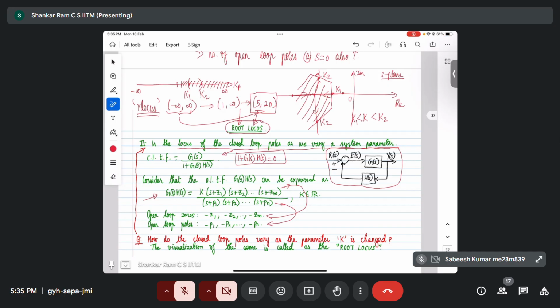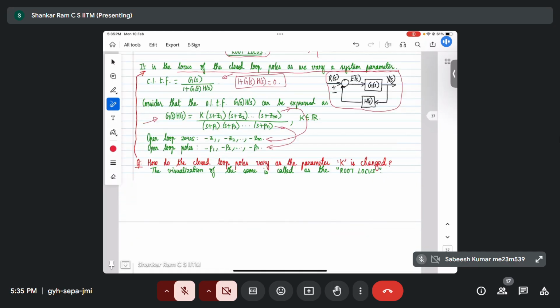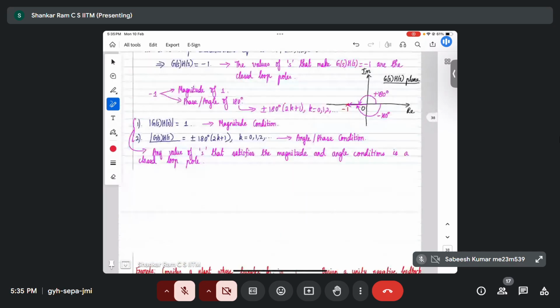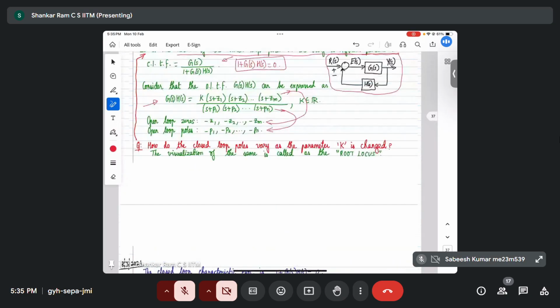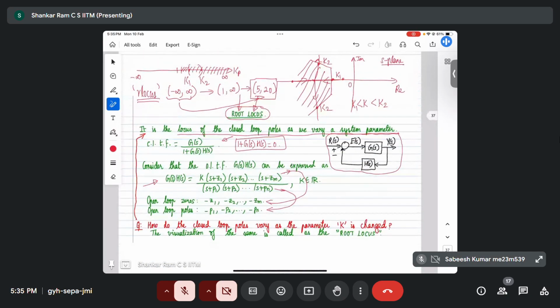We are going to look at the root locus steps from the next class. I don't want to start the next lecture today, because we would end up somewhere in the middle and then need to restart again.